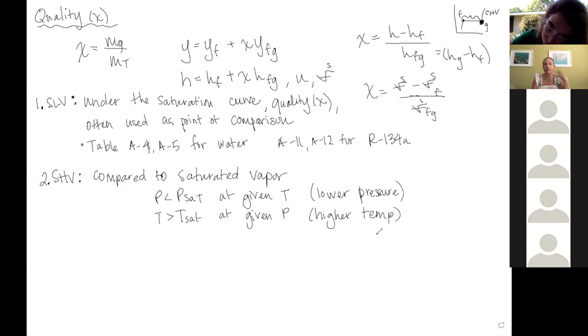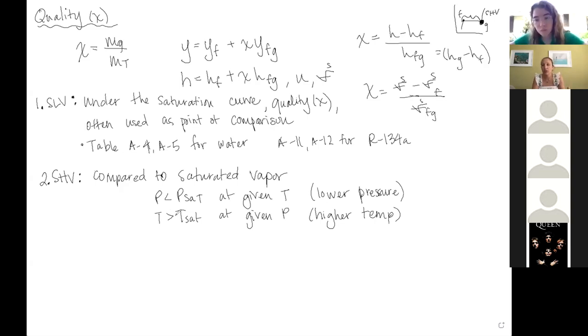So if you're given a system of water at 250 degrees Celsius, determine the internal energy. Well, you don't know if you should use your saturated liquid vapor table or your superheated vapor table. You have a given pressure, you have a given temperature. You will be comparing your pressure to the saturation pressure in your saturated liquid vapor table.